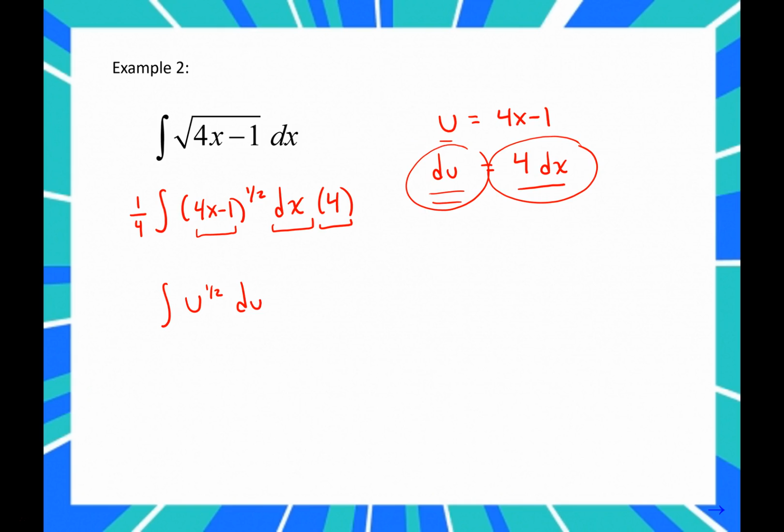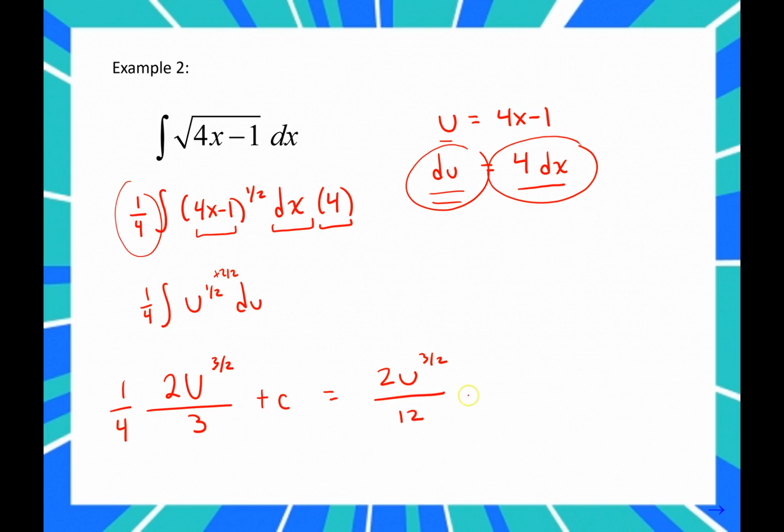All right, at this point I can integrate, so this is going to give me u. We'll add 2 over 2 to this. It's a funky 2, huh? That gives me u to the 3/2, and then I'll have a 2/3. And don't forget about my 1/4 here, which I forgot to drop down. So my answer is going to be 1 times 2, which is a 2u to the 3/2 over 12 plus c, which is equal to 1/6, or u to the 3/2 over 6 plus c.